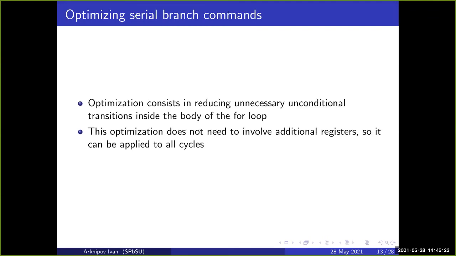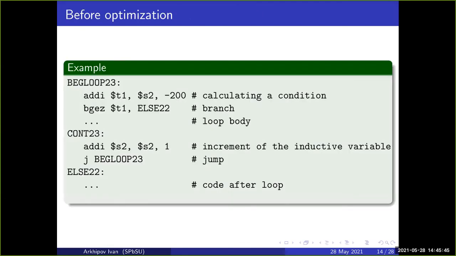The first optimization is optimizing serial branch commands. The optimization consists in reducing unnecessary unconditional transitions inside the loop body, and there is no need for an additional register, so it may be applied to all cycles. Let's have a look at the example. We have a branch command at the beginning of the loop body and a jump command at the end.